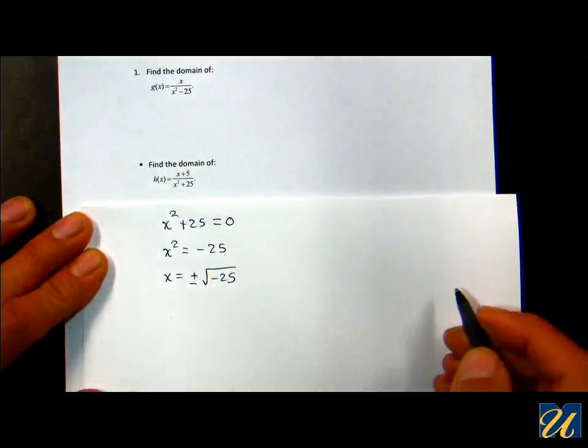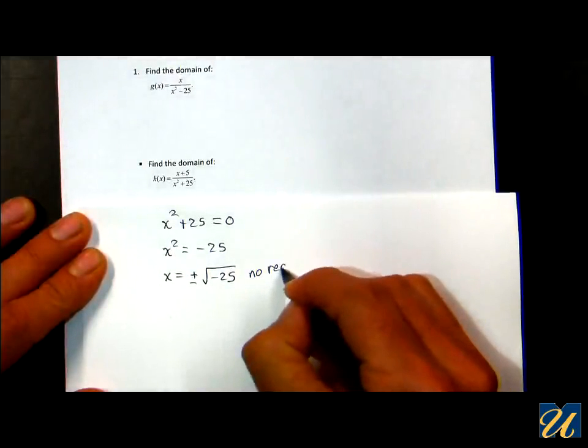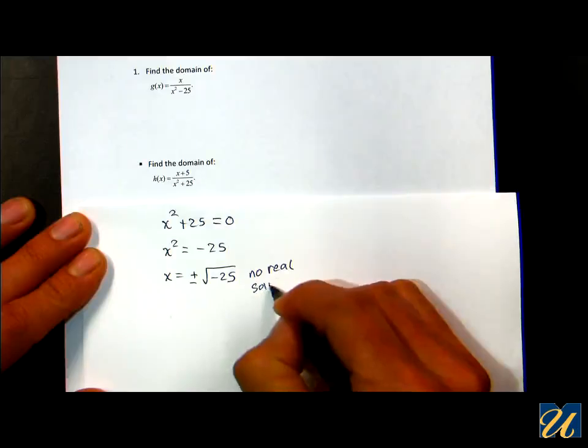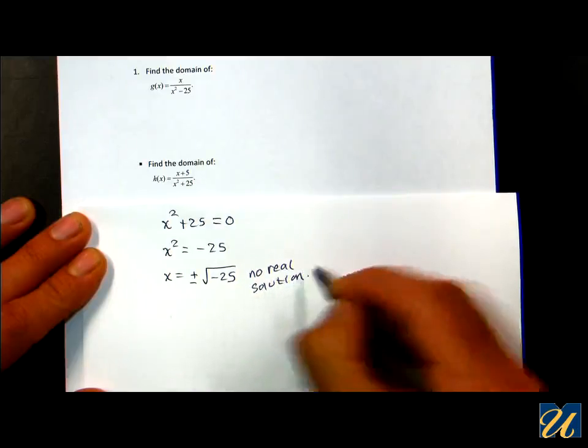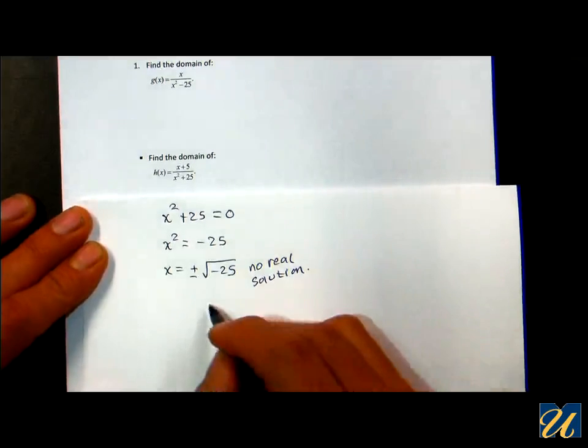By doing that, we have a square root of a negative number, so we have no real solution there. So there's no values of x which we need to exclude.